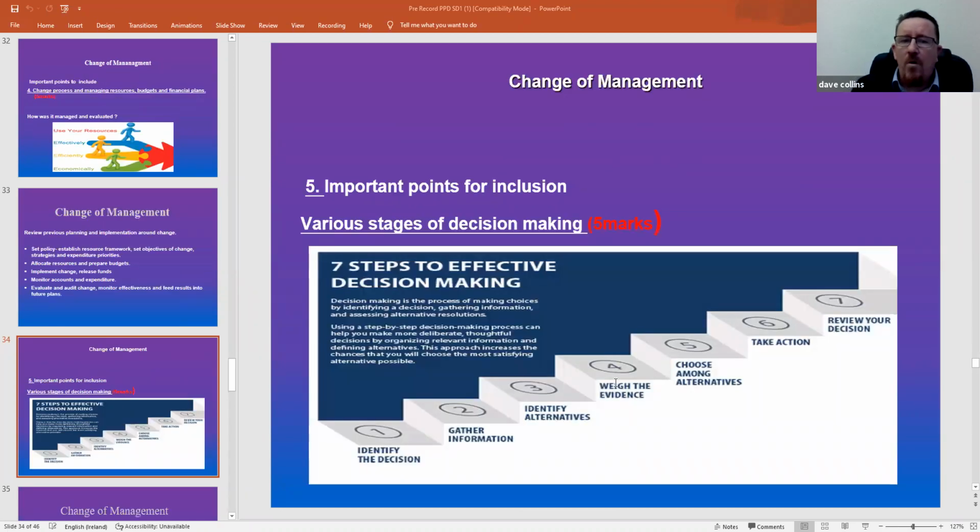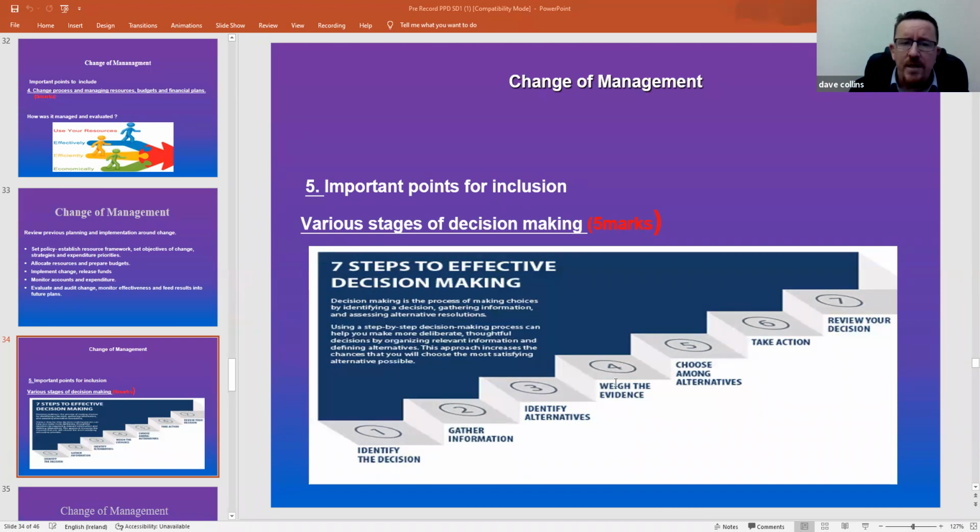5 important points for inclusion. The various stages of decision making. The 7 steps to effective decision making. Decision making is the process of making choices by identifying a decision, gathering information, and assessing alternative resolutions.